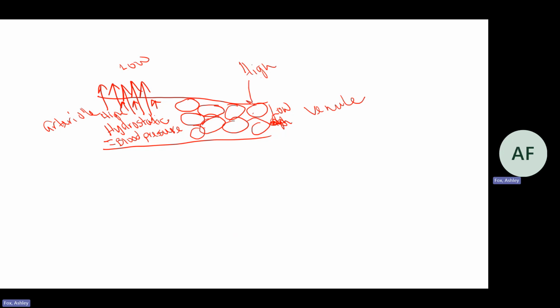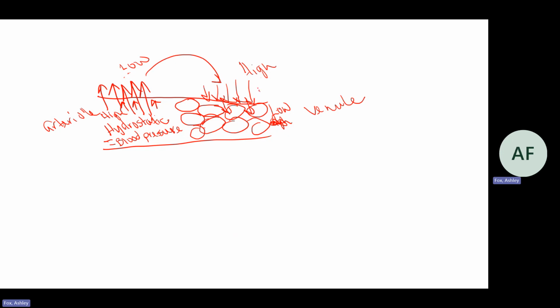So it's going to push back against the capillary wall. So you're going to have a pull from these proteins of fluid coming back in. And that's reabsorption, because you got rid of it over here, but then you're taking it back. It's a circle. So it goes out and then comes back in, at least some of it.